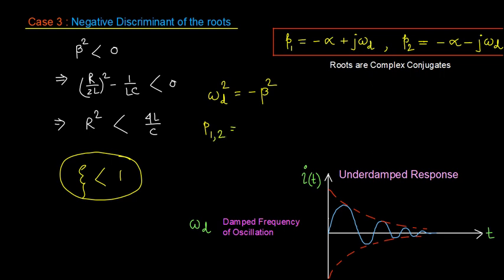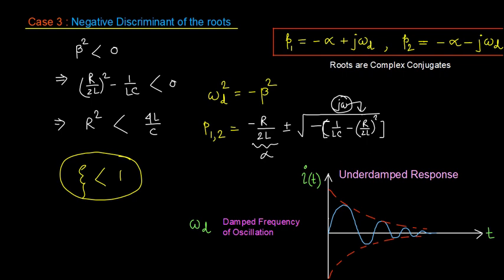P1, 2 can be written in this form, minus alpha plus minus, in place of beta we can write j omega d, because actually P1,2 is minus R by 2L plus minus under root minus of (1 by LC minus (R by 2L) whole square), this term. So this is alpha and this is j omega d.